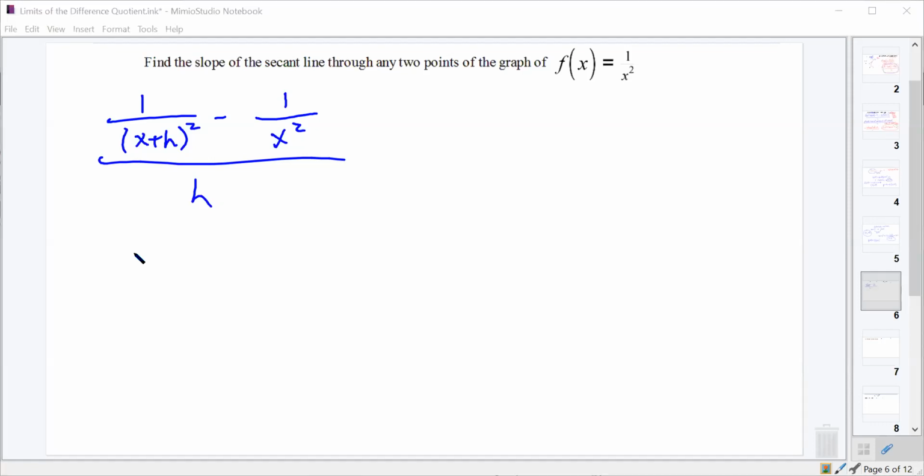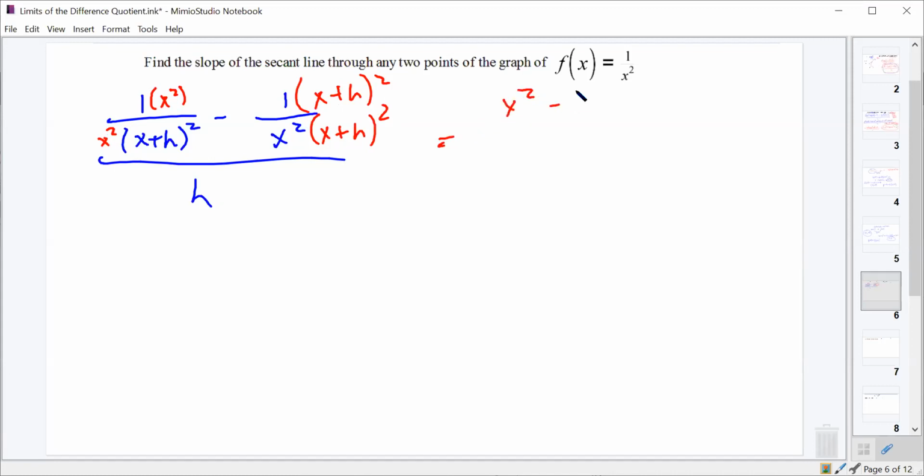How do we simplify a complex fraction, which is what this is, a fraction within a fraction? Common denominator for the top first, right? Yep, exactly. So that'll be x squared and x squared here. And over here, it'll be (x plus h) squared and (x plus h) squared. So we'll rewrite this as x squared minus (x plus h) squared over x squared times (x plus h) squared.